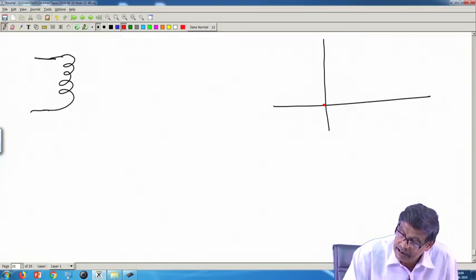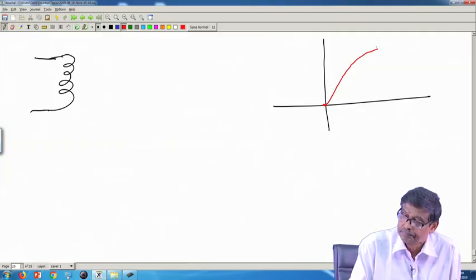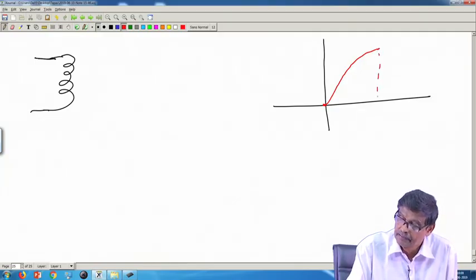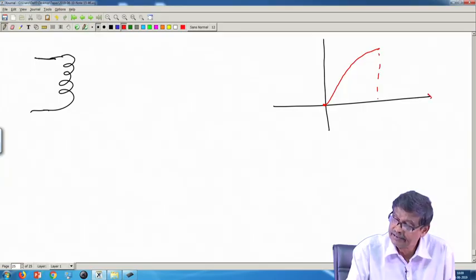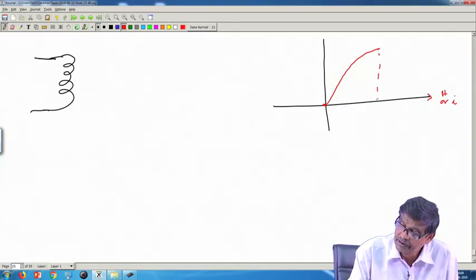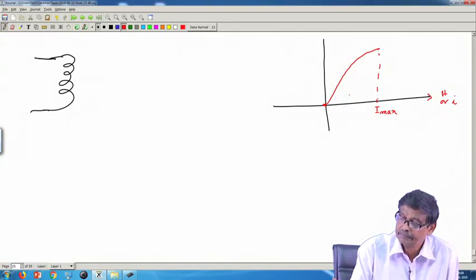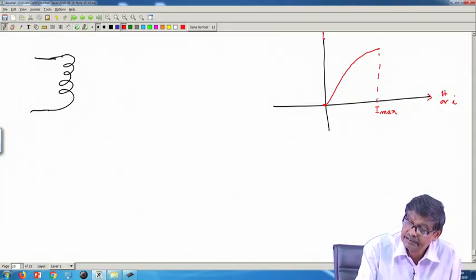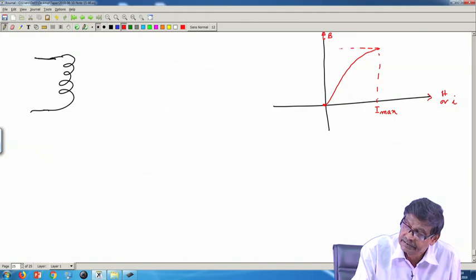Suppose I am increasing the current to this value. So, this axis can be treated as H or I. Suppose you have increased the current to a level of I max, and this axis is your B, and suppose it reaches some B max.